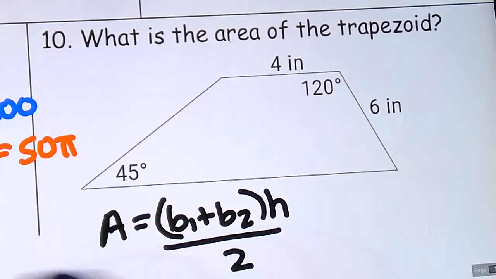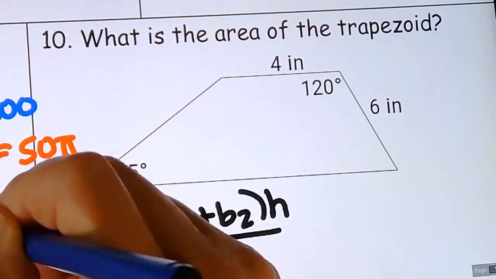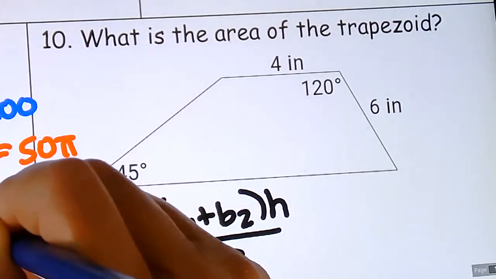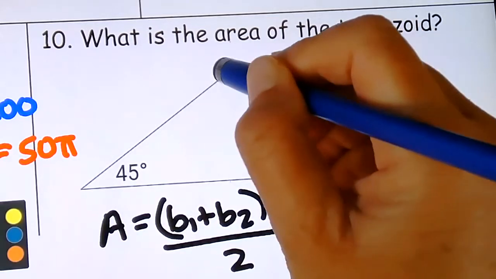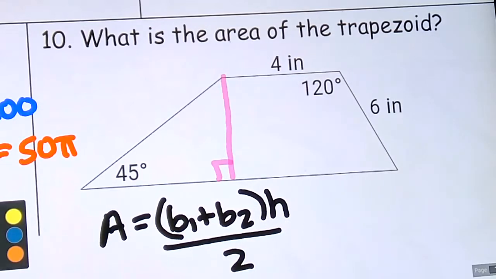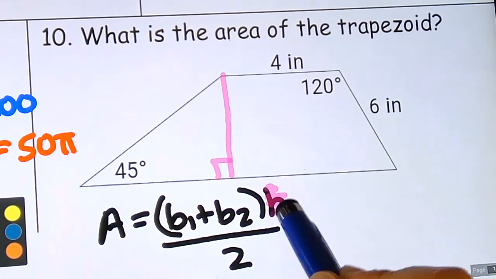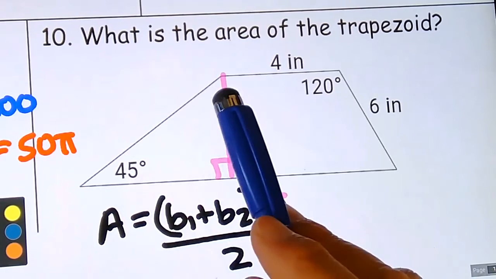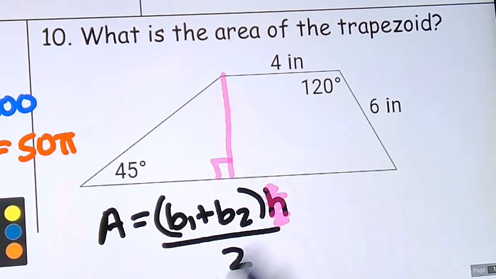For this, let me just draw it in using a fainter one. This that I'm drawing in here is going to be your height. That's going to be this height. And this is a 45, 90, so this is 45. That's going to be important here in a minute.